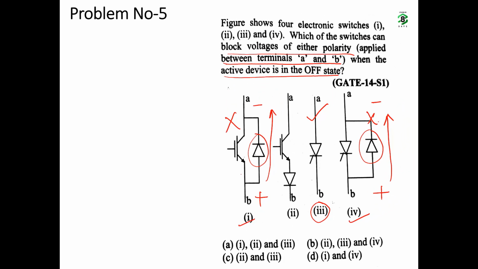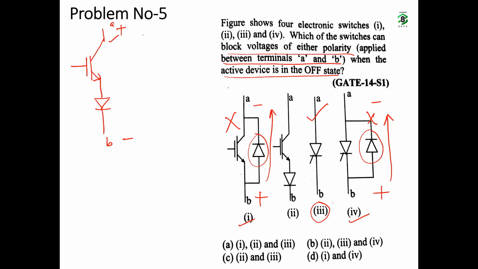Next, this question: this is an IGBT in series with a diode. So IGBT is the same as the BJT that we have seen just now. This is A, this is B. Okay, if we apply positive voltage, it will be blocked by the IGBT itself. However, the diode will not block, but overall as a switch it will block.